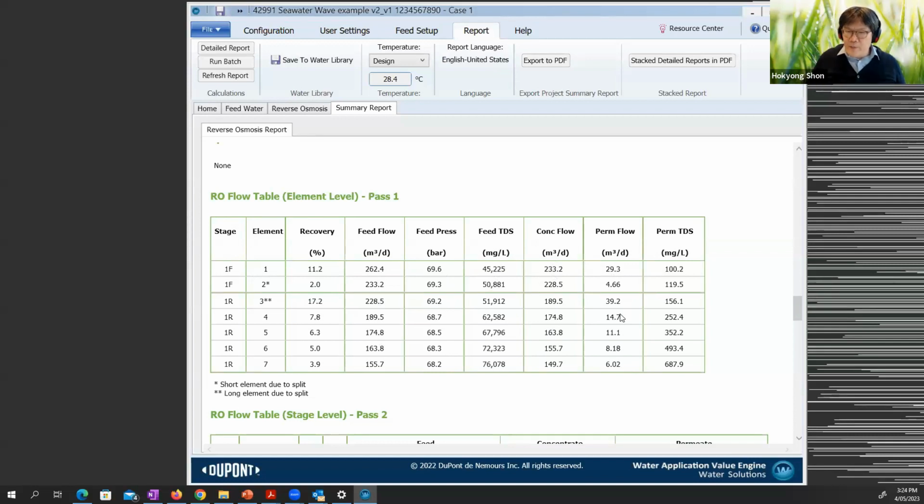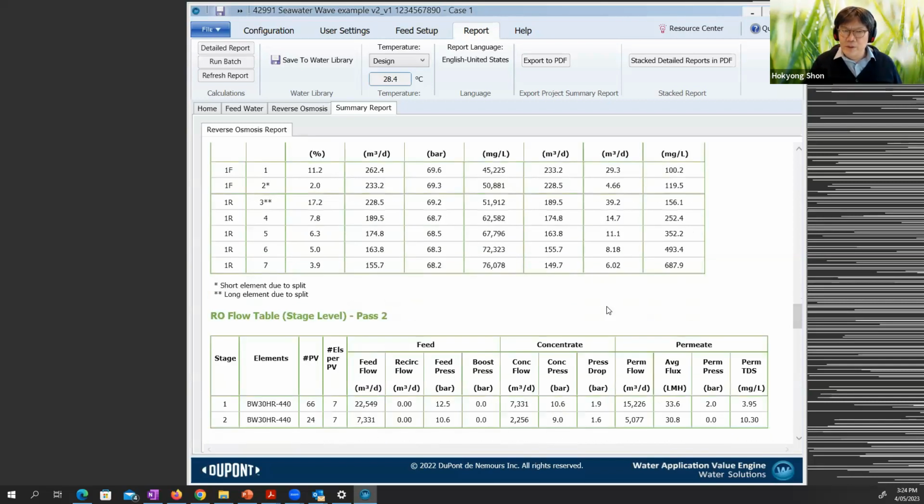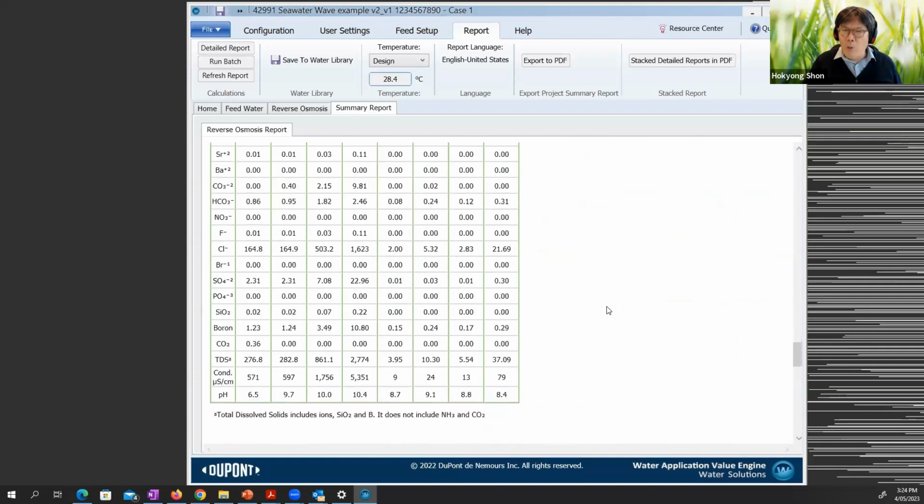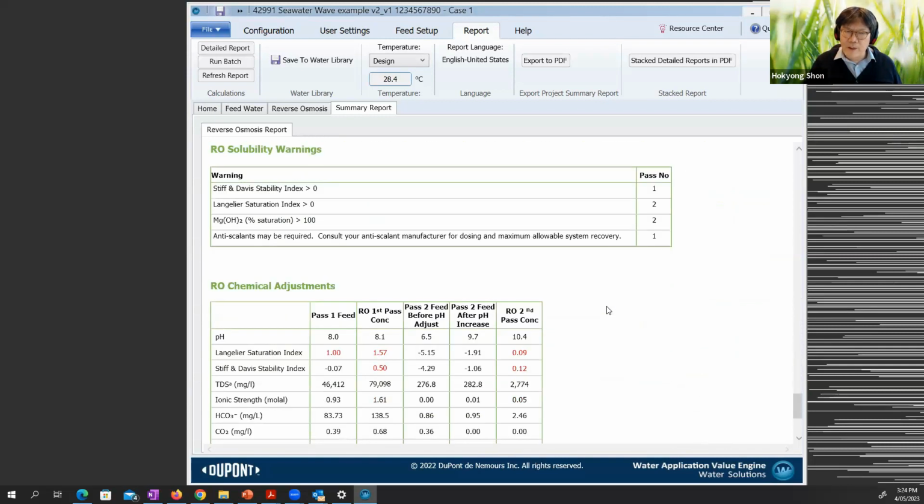If it is not really well designed, sometimes you don't have enough concentrate flow, sometimes you don't have enough permeate flow. In this case, you can try to apply more pressure, delta P pressure or back pressure. You can control it. That's how you can change your overall operating parameters.